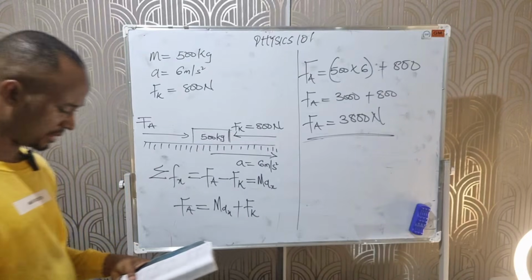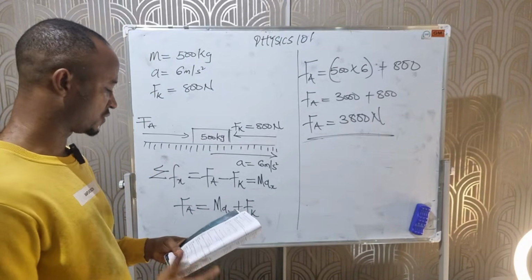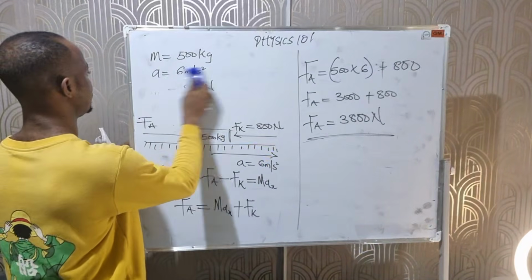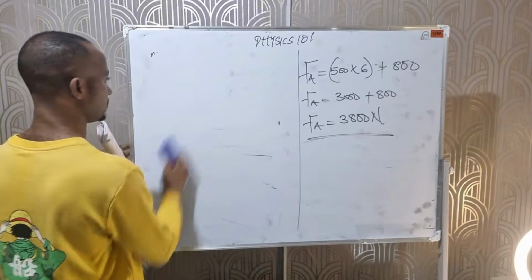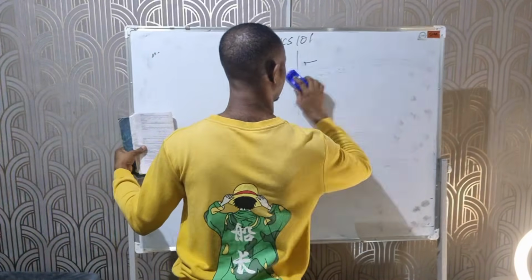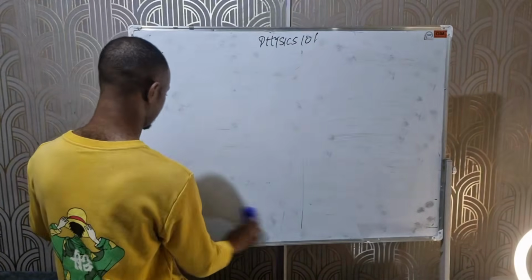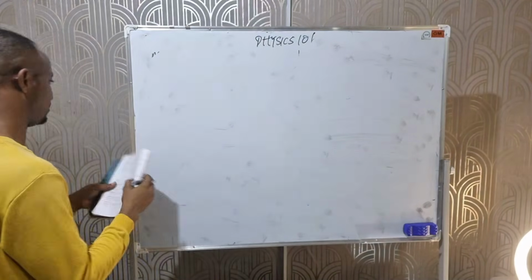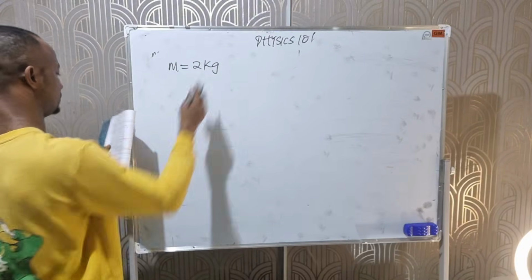The question says that a body has a mass of 2 kilograms. The mass is 2 kilograms.